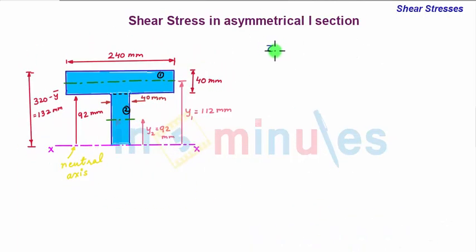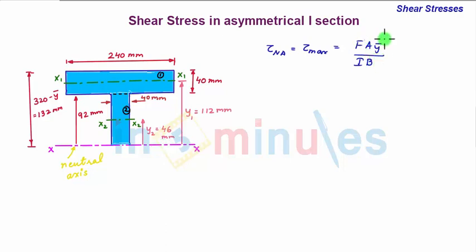Next we determine shear stress at the neutral axis, and we know this shear stress will be the maximum shear stress, which will be given by the formula F A y bar by I B. The shear stress at the neutral axis will be given by this formula, where A y bar is the first moment of the shaded area shown about the neutral axis of the complete I section.